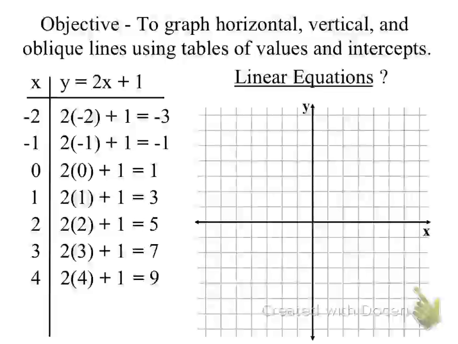If you know that this is a linear equation and you end up with a line that looks like this, your line is off. This chapter's linear equations, and I'm going to talk to you about how to identify linear equations.